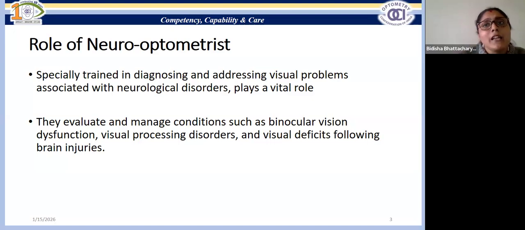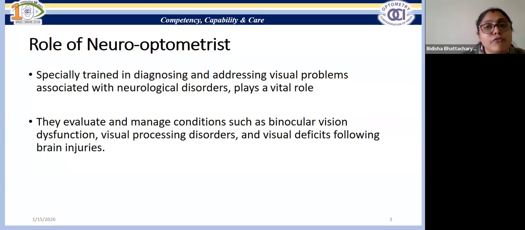Diagnosing is not the last part. After diagnosing, it's very important that we rehabilitate those patients. That involves addressing refractive error with spectacles or contact lenses, employing tinted glasses to reduce photosensitivity and discomfort, and utilizing occlusion to manage immediate or awkward double vision and postural symptoms.